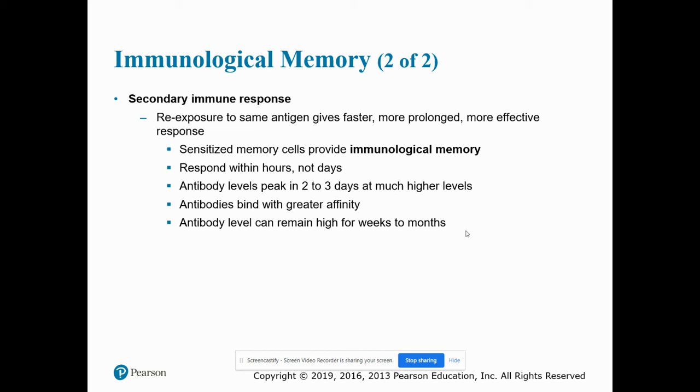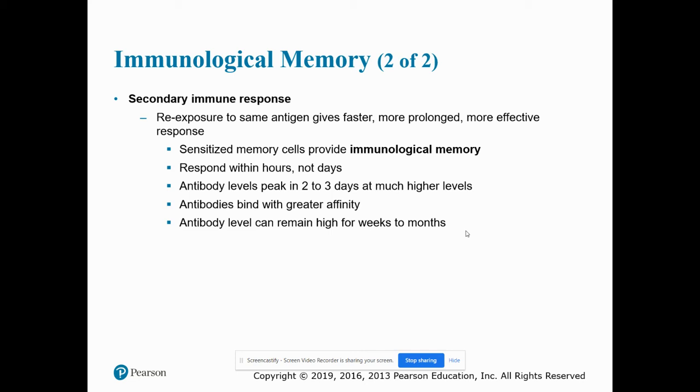Secondary immune response is from second and subsequent exposure to the same antigen. When these subsequent exposures to the same antigen occur, the immune system has a more prolonged, more effective response. Those memory cells are going to provide immunological memory.